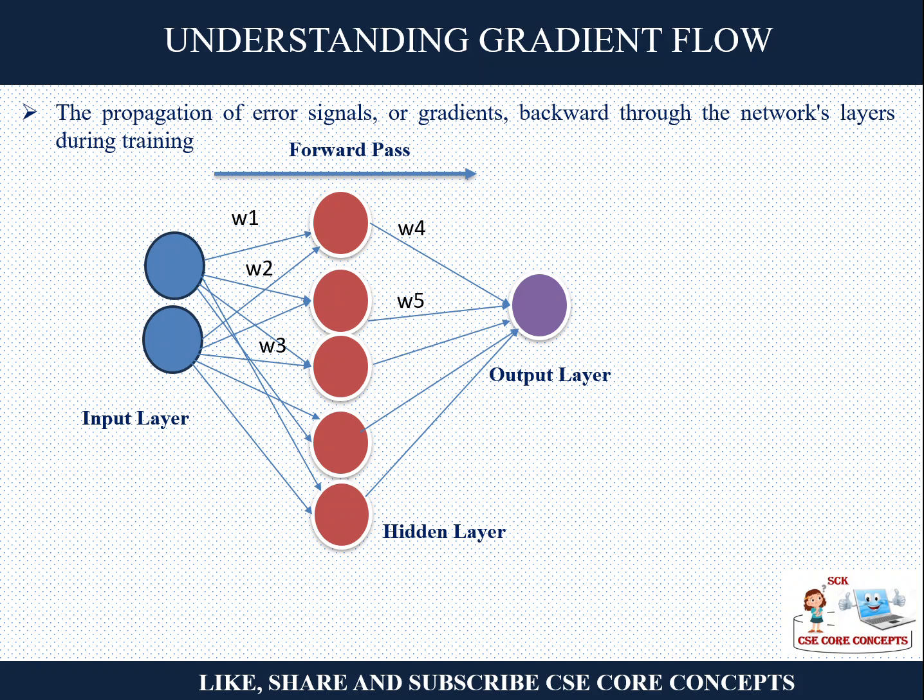In my earlier video on the backpropagation algorithm, we have seen that in case the loss function is very high, then we need to readjust the weights. For readjusting the weights, we need to backpropagate. That is, the output layer will go to the hidden layer, and then back to the input layer, and there we perform the updation on the weights.